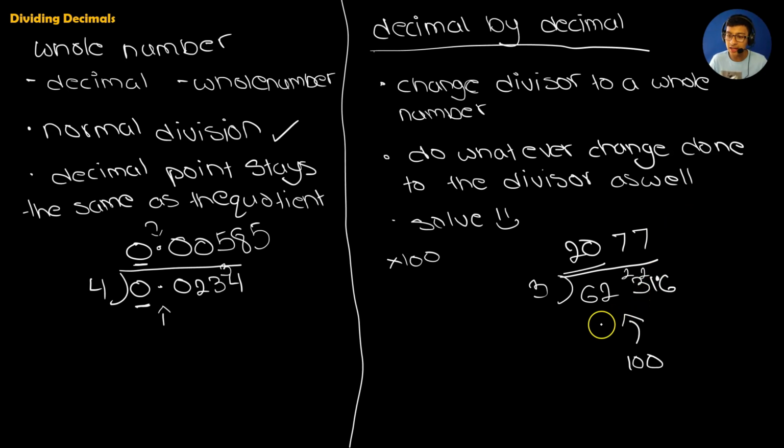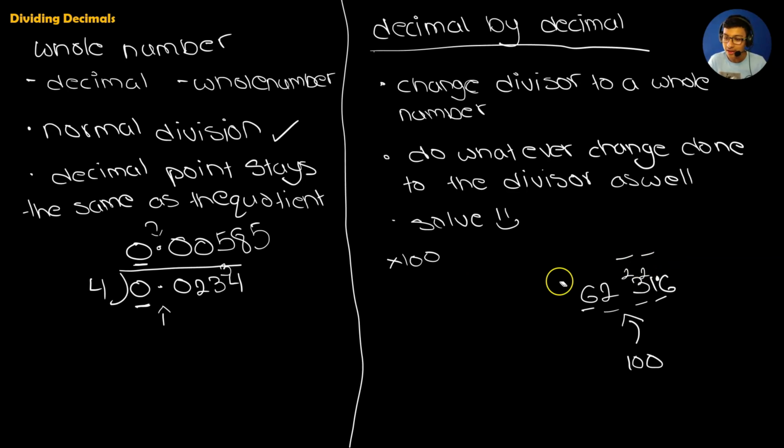In our dividend we have 4 numbers before the decimal point, so in our answer we count 1, 2, 3, 4, and the decimal point goes here. So our answer, friends, would be 2077.2.